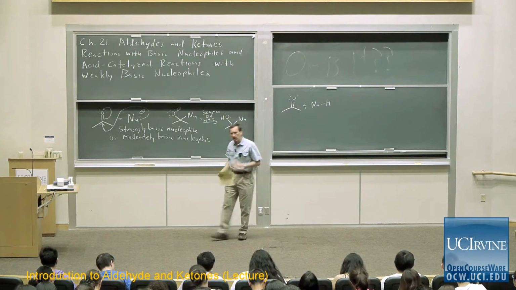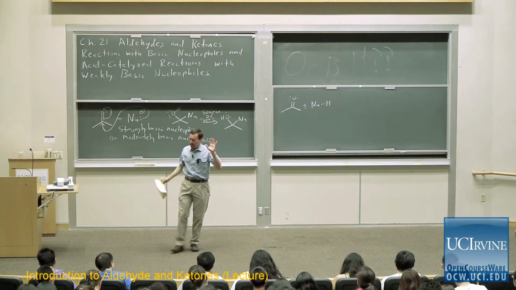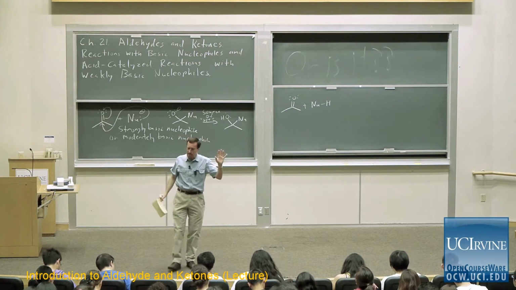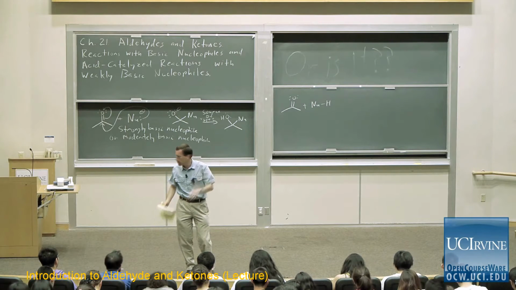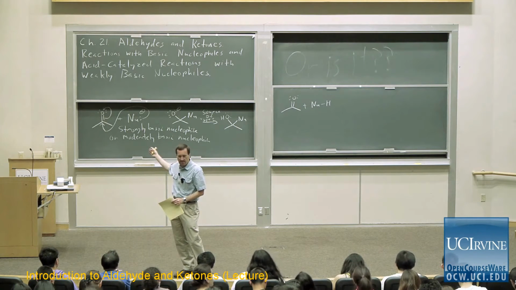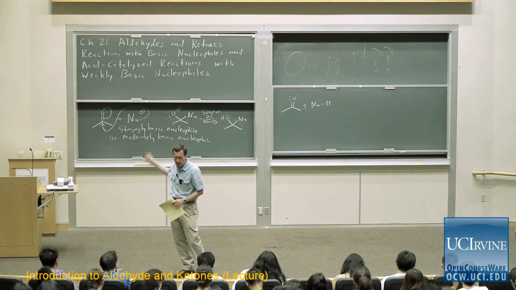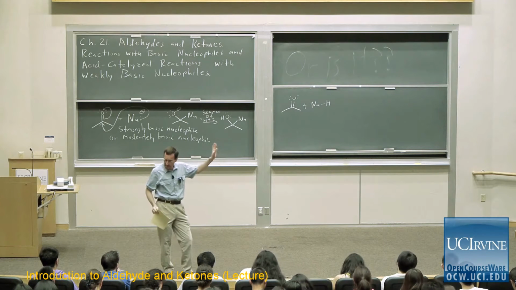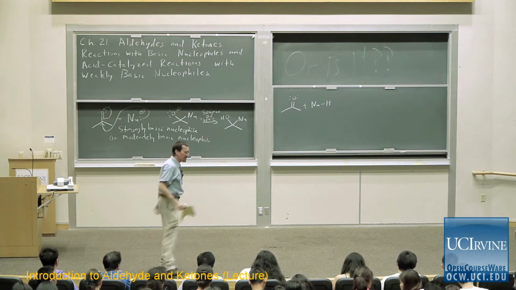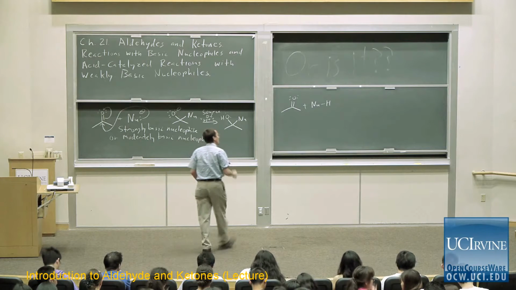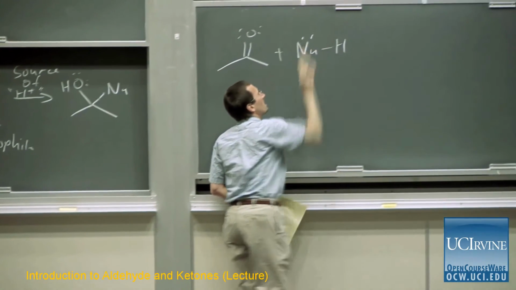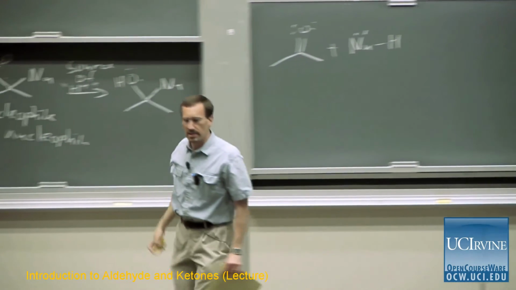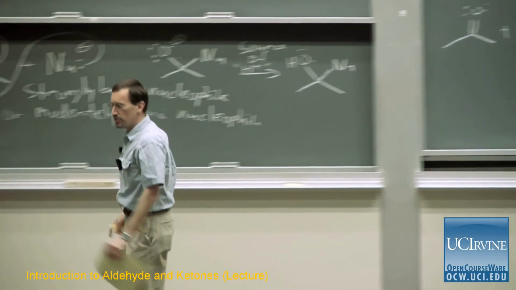It's a little hard to generalize, but let's envision some species that in general is not going to have a negative charge. Not all strongly basic nucleophiles have negative charges, but many of them do. Not all weakly basic nucleophiles lack negative charges, but let's say in general they don't. And we'll envision that that nucleophile still has an electron pair to share.